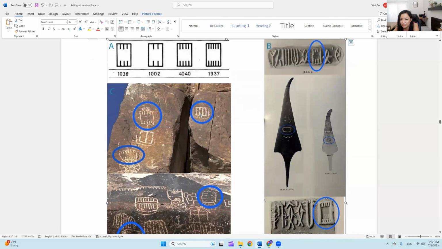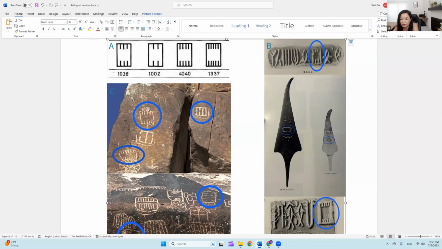You can see here this one with 2 keys, but this one looks almost connected, but I think it's done by later people because this one looks like it was refreshed. So this one with 1, 2, 3, 4, and also with a crown on it, like the character Ren.